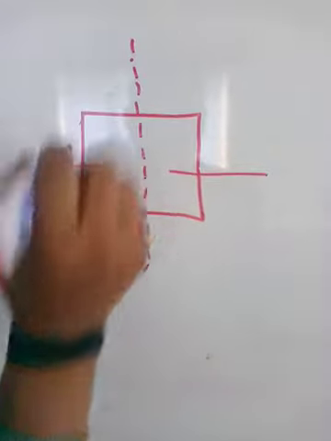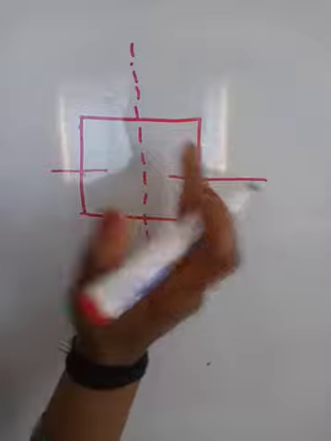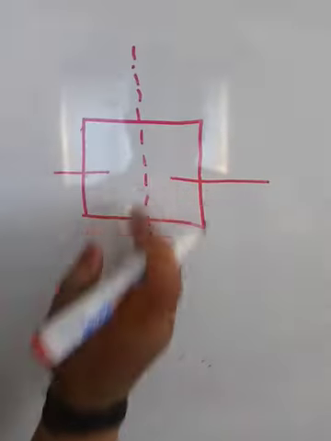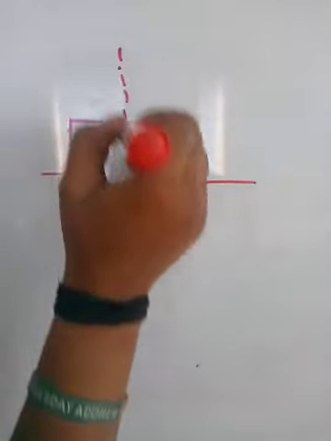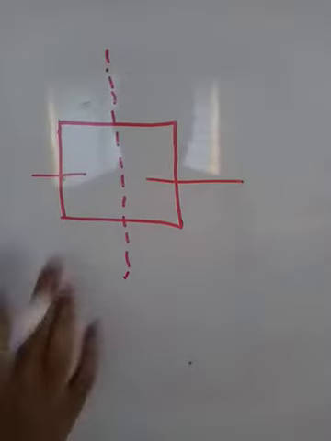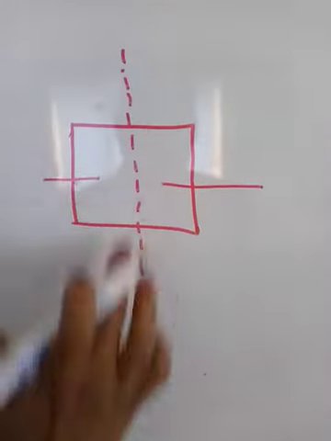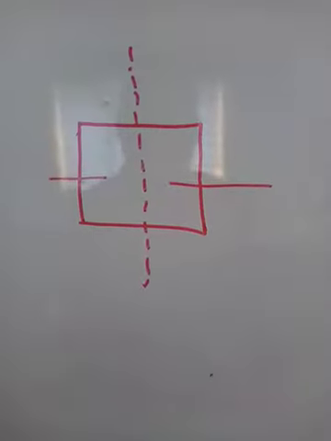So we say that a shape is symmetrical when it is the same when divided into two. When you divide this into two, you can see that this side and this side are the same. When you have something like this, you say that the shape is symmetrical. Okay? I have another example.